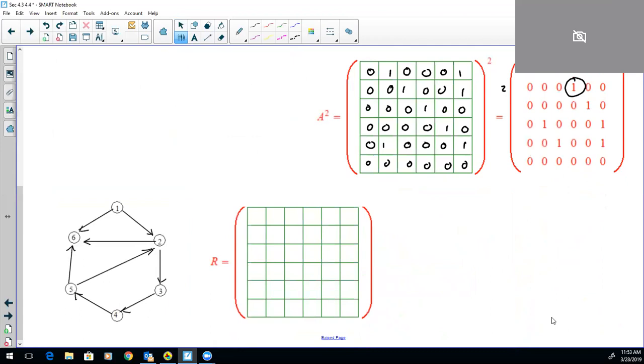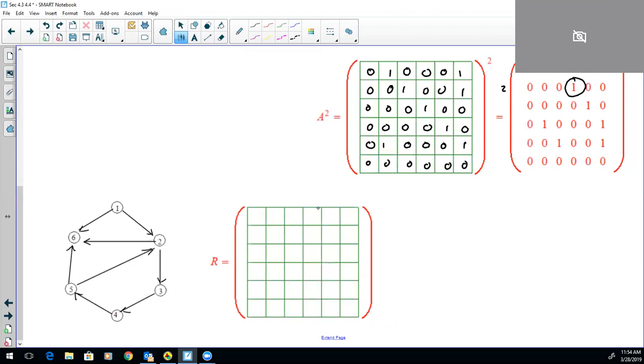So the reachability matrix entries are 1 if it's possible to get a directed path from vertex I to vertex J, and 0 otherwise. Okay. Is there a directed path from 1 to 1? Nope. Okay. Is there from 1 to 2? Yes. From 1 to 3? No. Excuse me. I'm not doing this right.